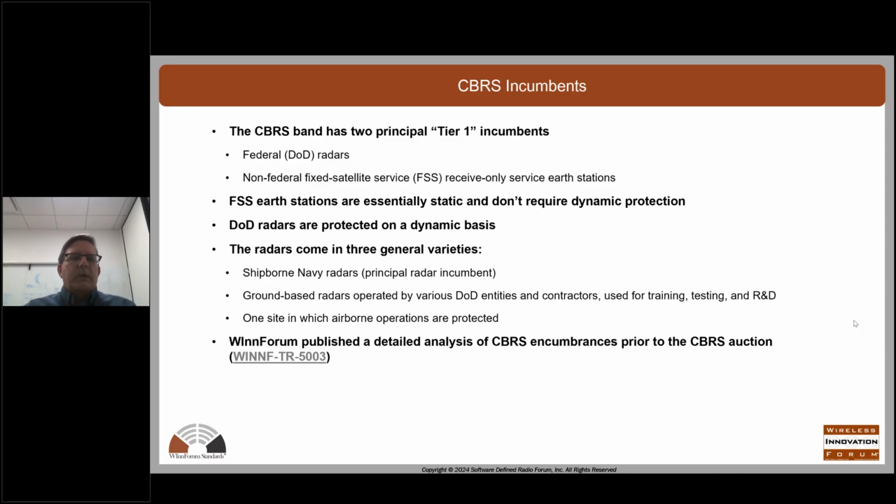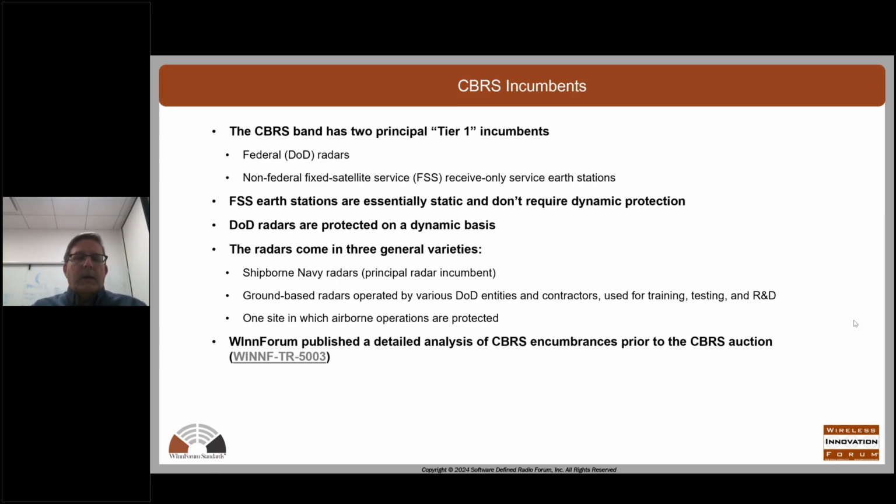There are three flavors or varieties of radars we have to protect. So it's the shipborne Navy radars, that's the principal one. There are a dozen or so ground-based sites around the country where DoD entities and contractors have radar systems for training and testing and R&D. We have to protect those. We have one site, China Lake out in California, where DoD does some airborne operations. We need to protect them.